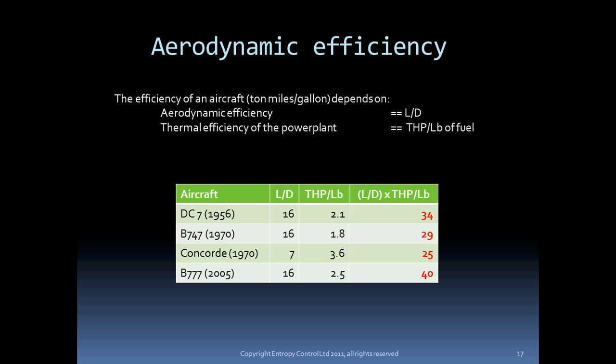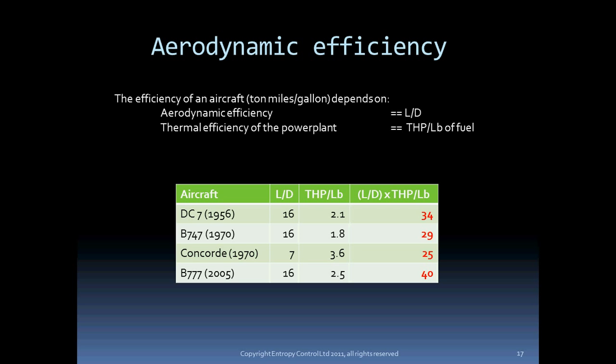Now, the later piston aircraft, like the Lockheed Constellation and the DC-7, had lift drag ratios of about 16 and fuel consumptions of about 2.1 thrust horsepower hours per pound, for a product of the two of about 34. The early jets came nowhere near those numbers, but of course they were much faster, and that was what counted.